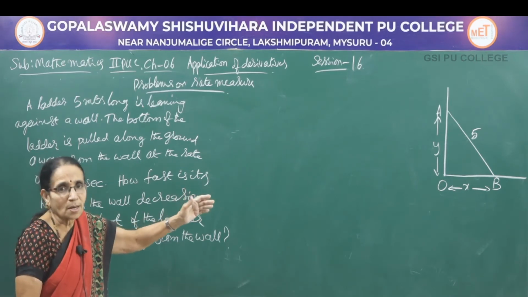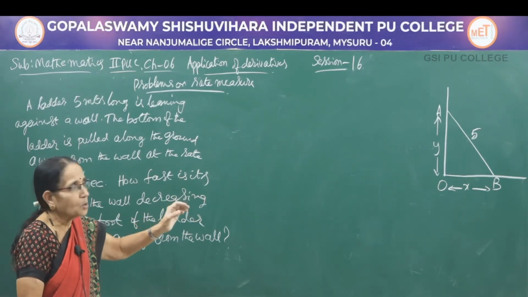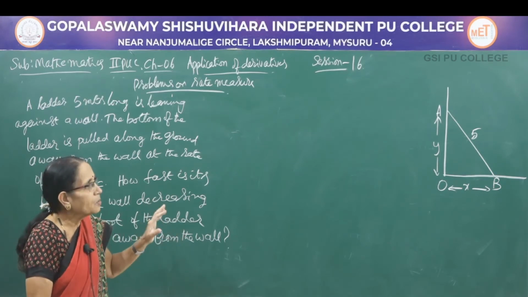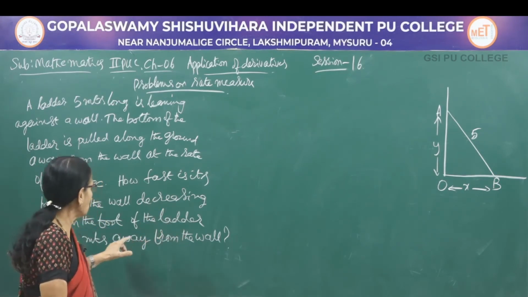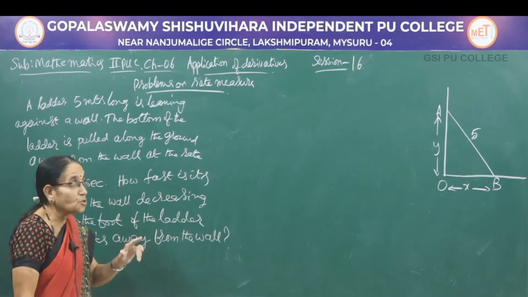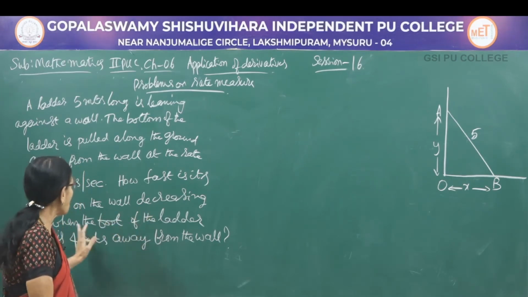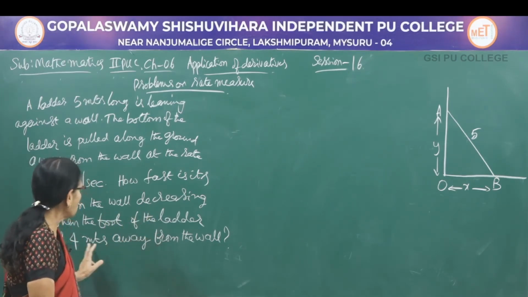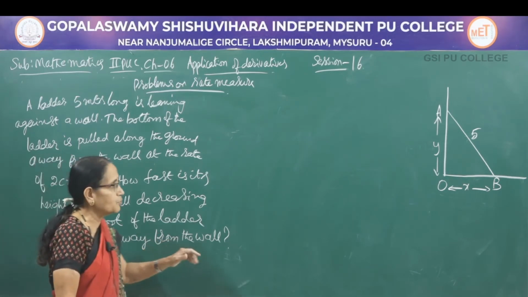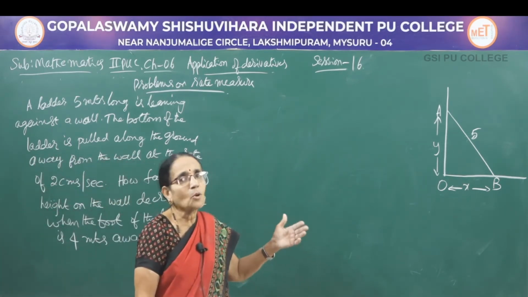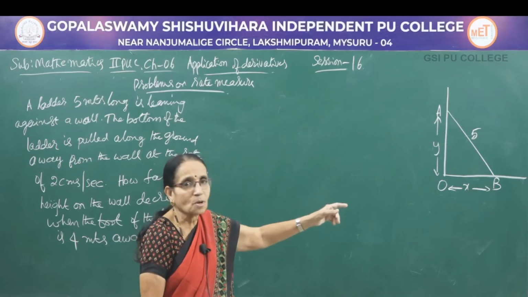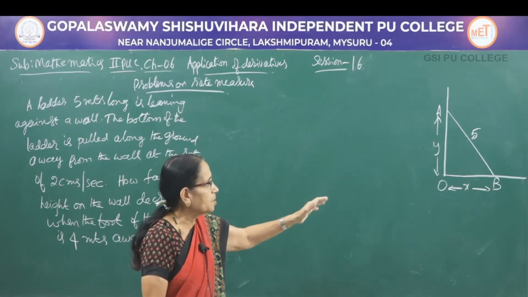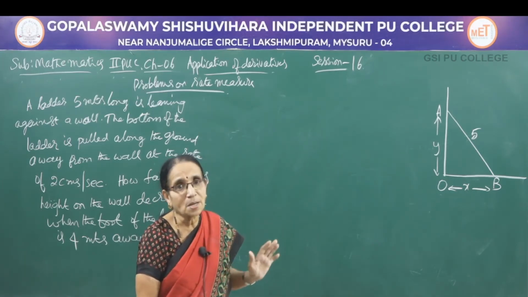In other words, you have to calculate dy by dt. dx by dt has been given, dy by dt has to be calculated. At which instant? When the foot of the ladder, the lower end, is 4 meters away from the wall. That is, when x takes the value 4, you have to find the value of dy by dt.